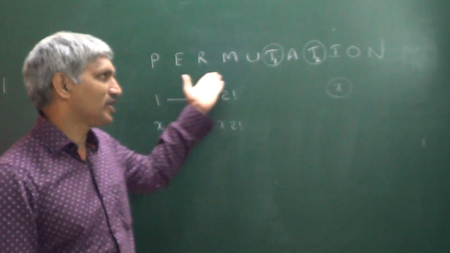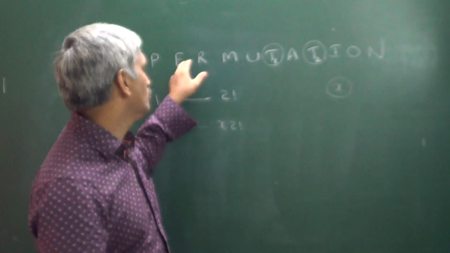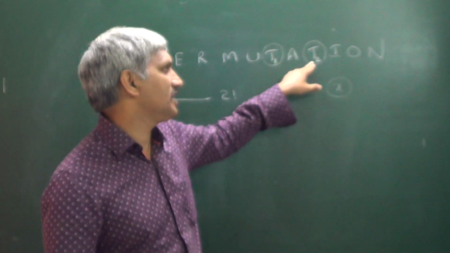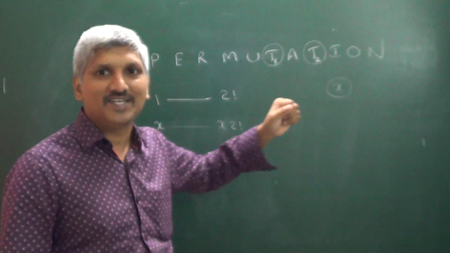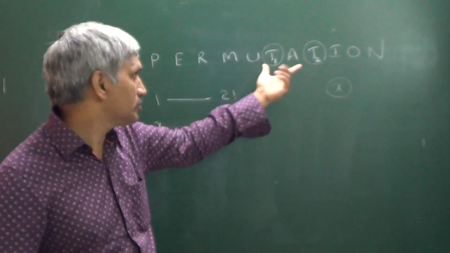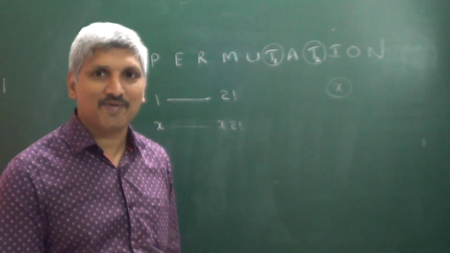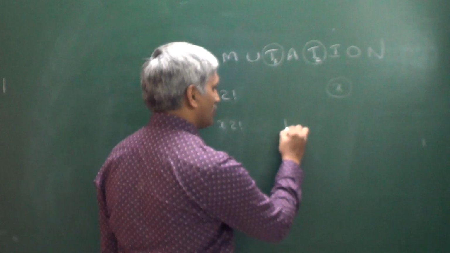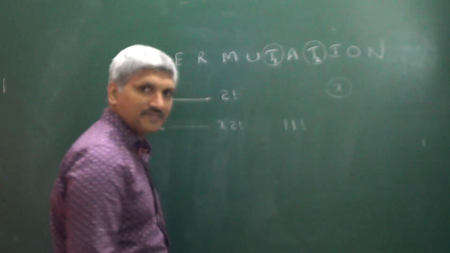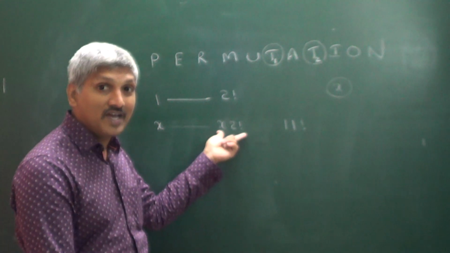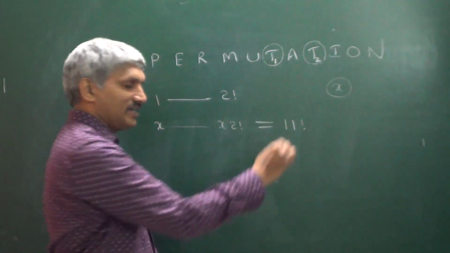But how many letters are there in total? 1, 2, 3, 4, 5, 6, 7, 8, 9, 10, 11 letters. With these 11 letters, because all are different, 11 factorial words can be formed. But we got X into 2 factorial.